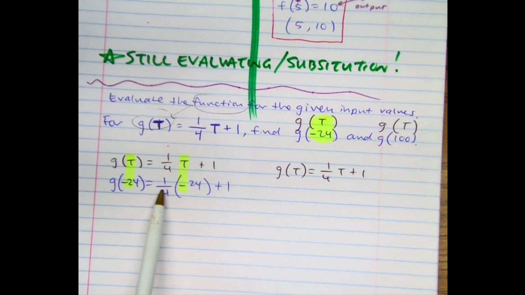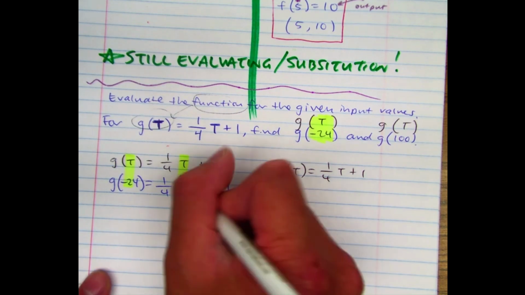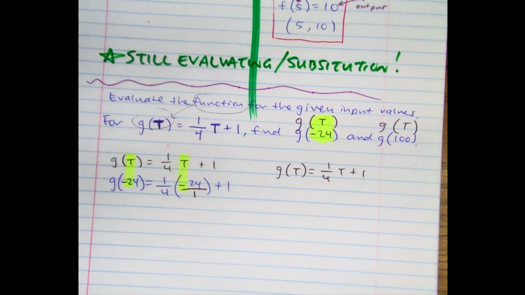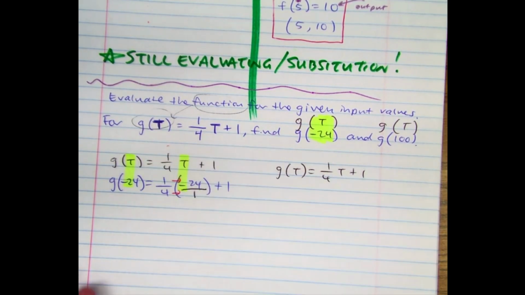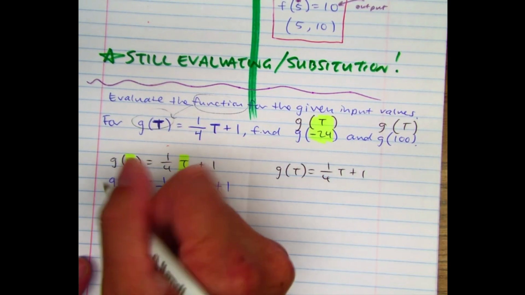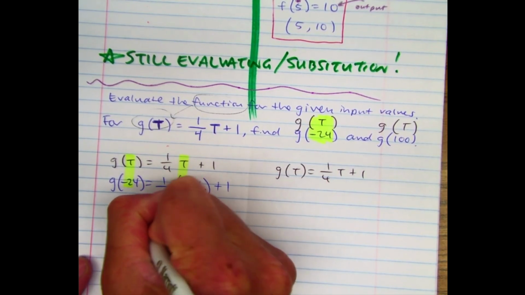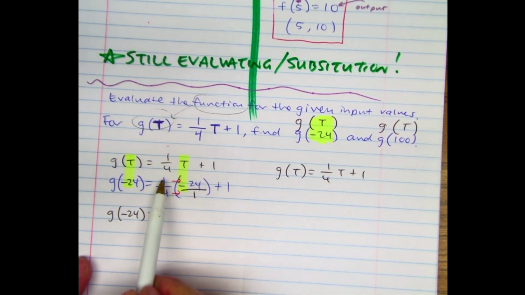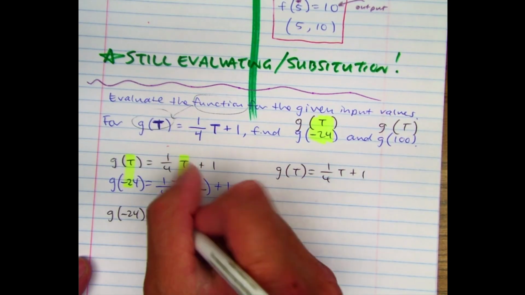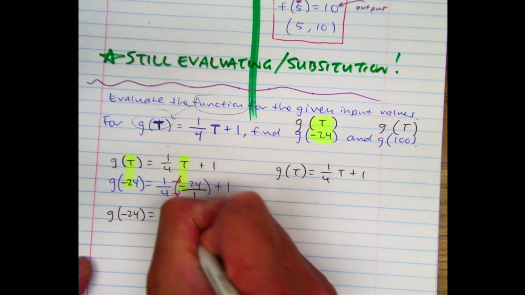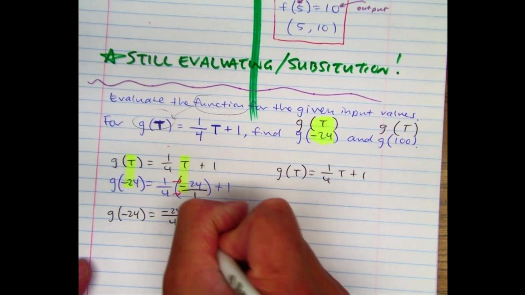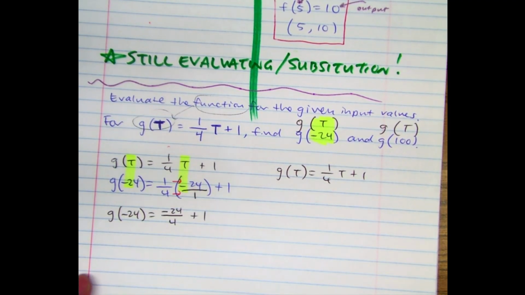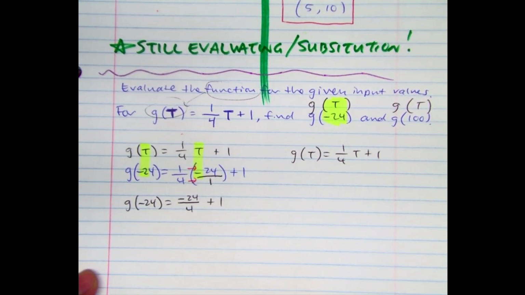I have a fraction times a whole number. How do I make that a fraction? Put a 1 under it. And then we're just going to multiply across. G of -24 equals, what's 1 times -24? -24, and 4 times 1. And then here we're just going to do our order of operations, right?